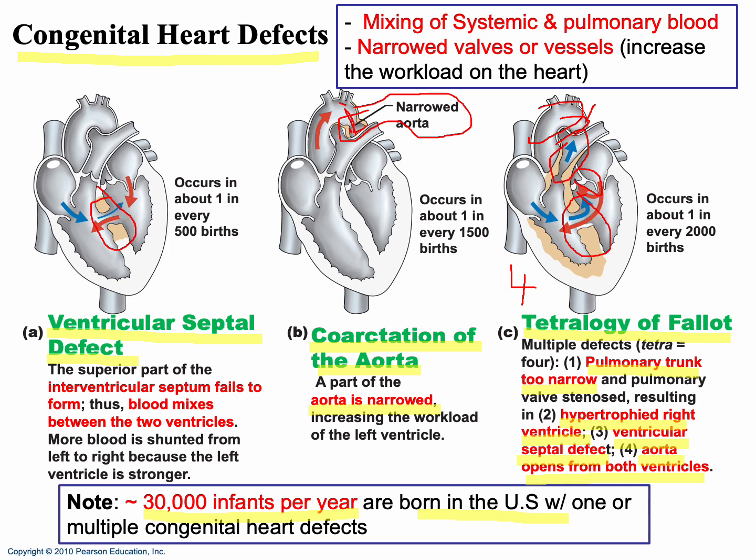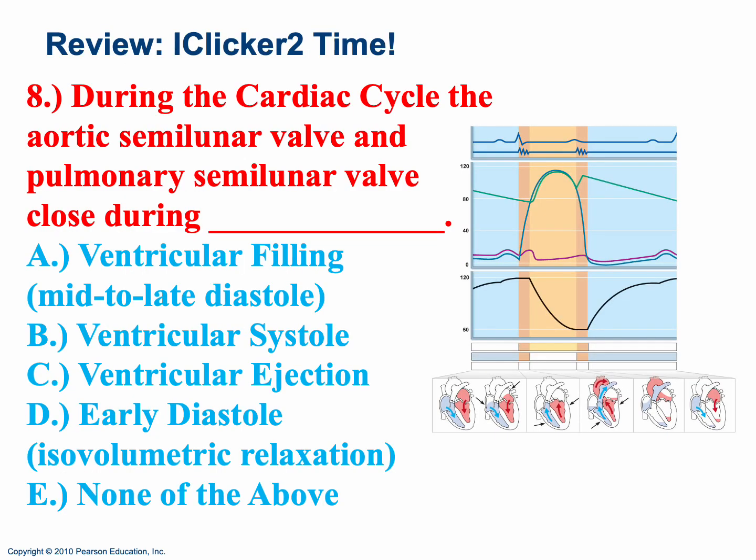So that gives you an idea of several examples of congenital heart defects that are out there. I hope you enjoyed chapter 20, and we have one final review question for you, referring to the cardiac cycle. Number 8 for review.